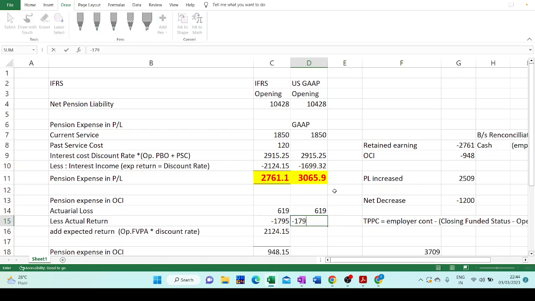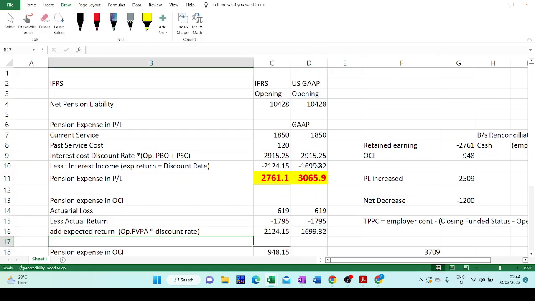Then we'll deduct the actual return and we'll add back the expected return, right? Now expected return here is how much? This opening FVPA into expected return, which is 28322 into 0.06, that is 1699.32.